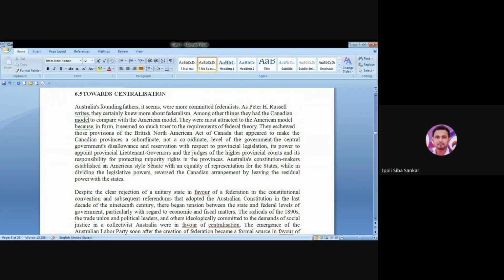Australia's constitution makers established an American-style Senate with an equality of representation of the states, while in dividing legislative power they reversed the Canadian arrangements by leaving the residual power to the states.